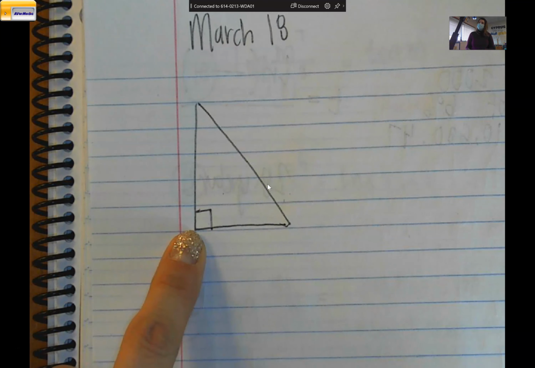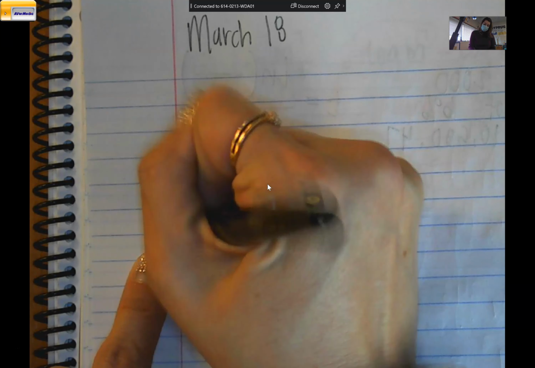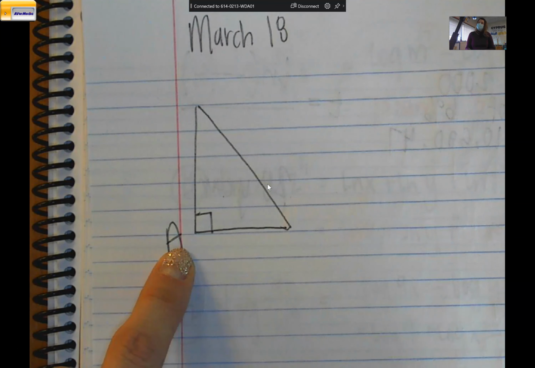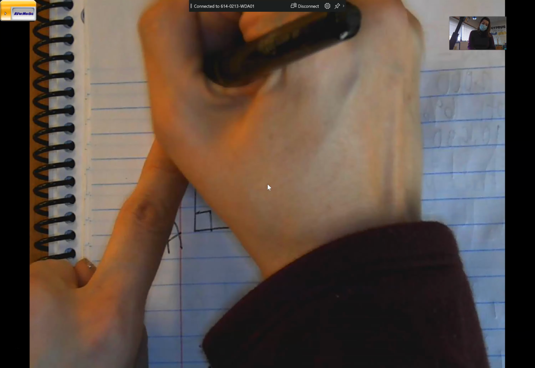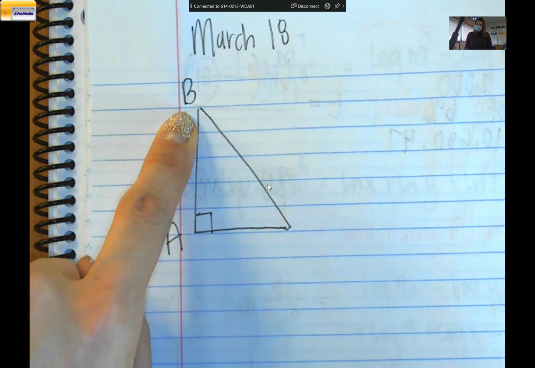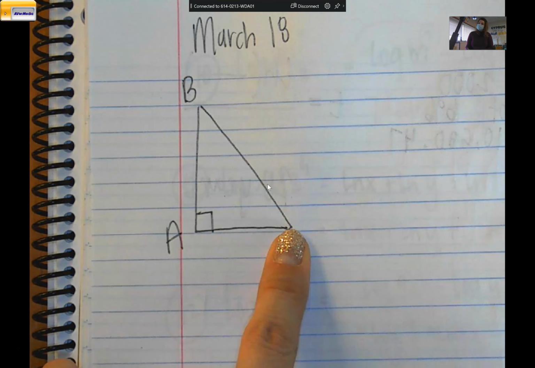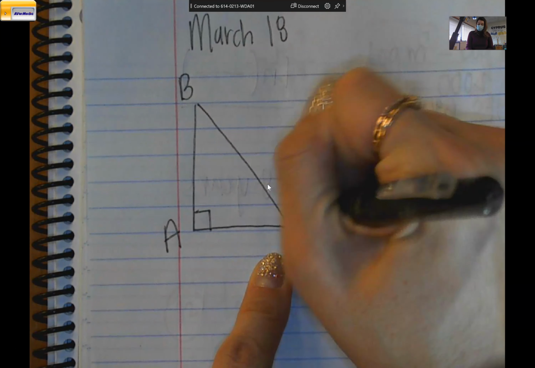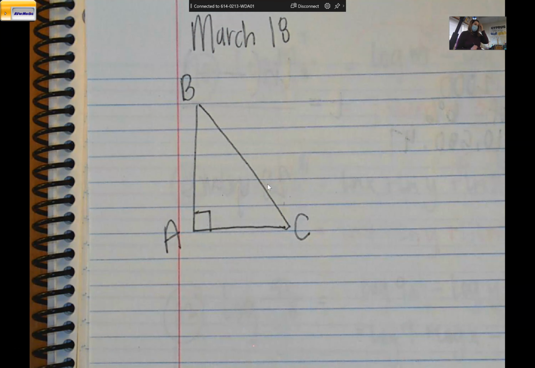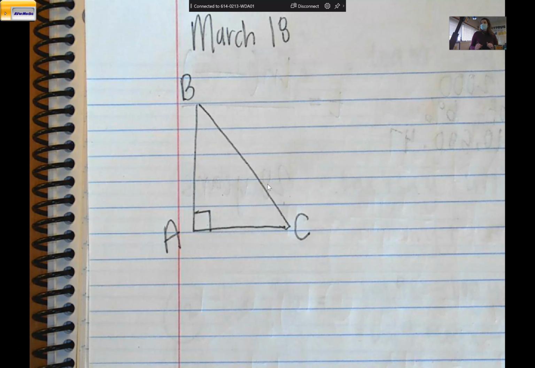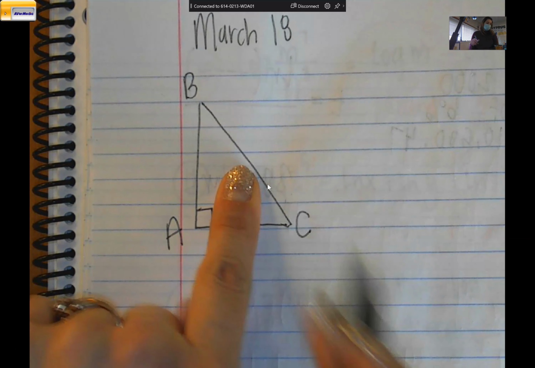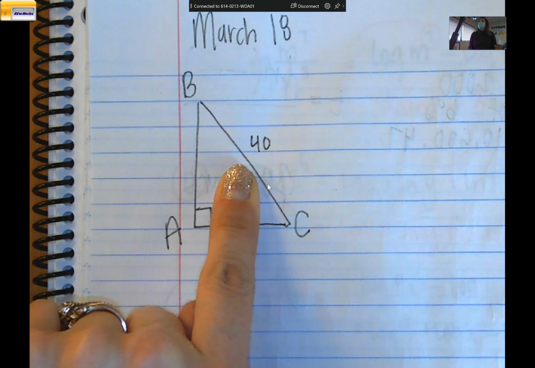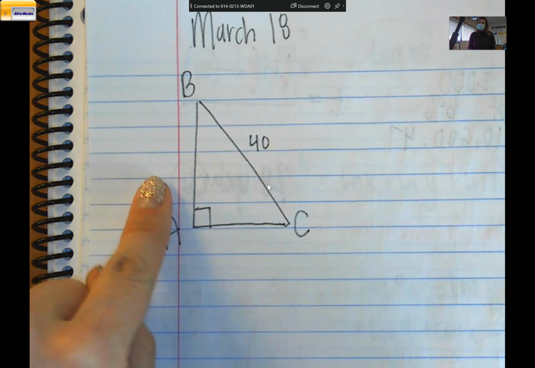Name the right angle, capital A. Name the top angle, B. Name the right side, C. So across from A, the hypotenuse is 40. Across from C, that's 32. Across from B would be 24.